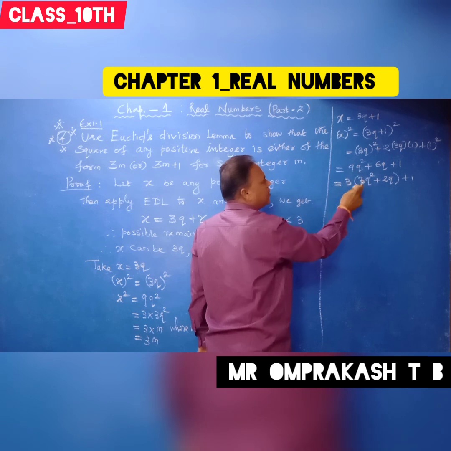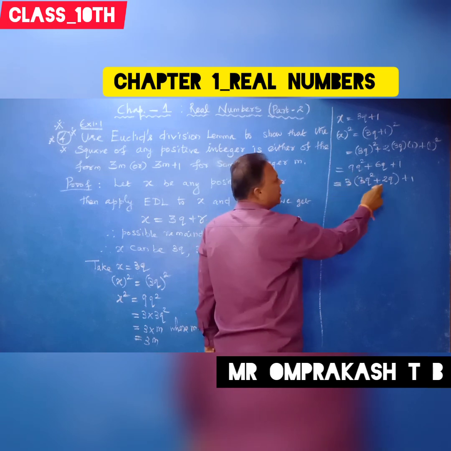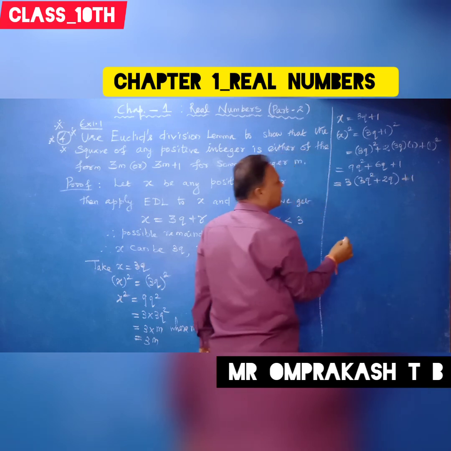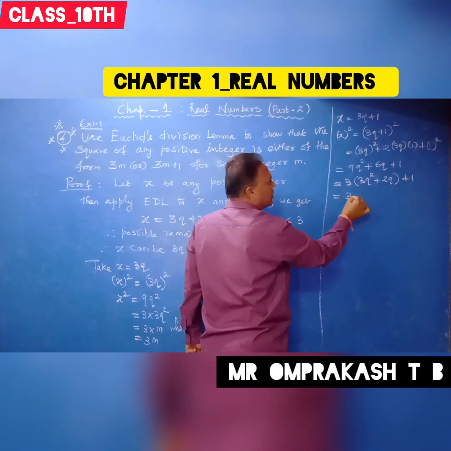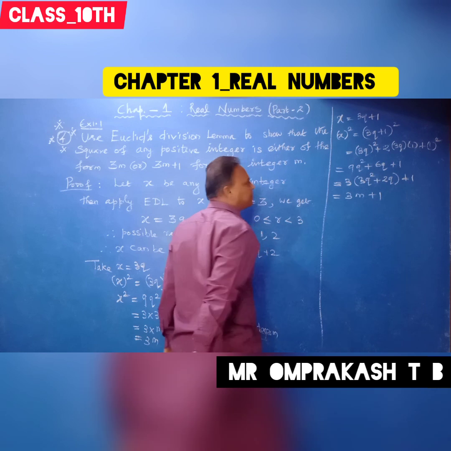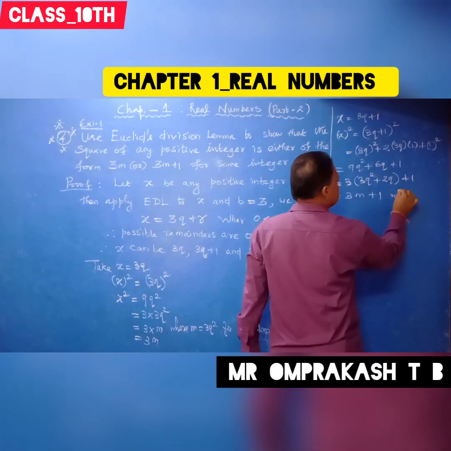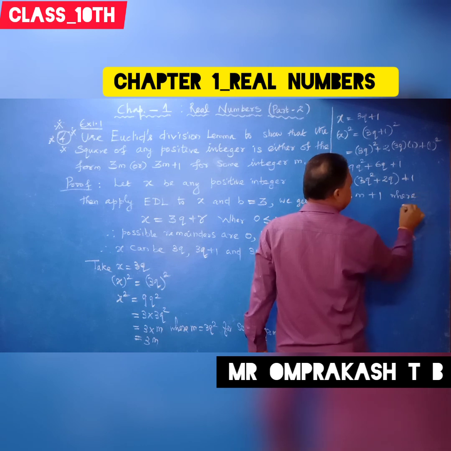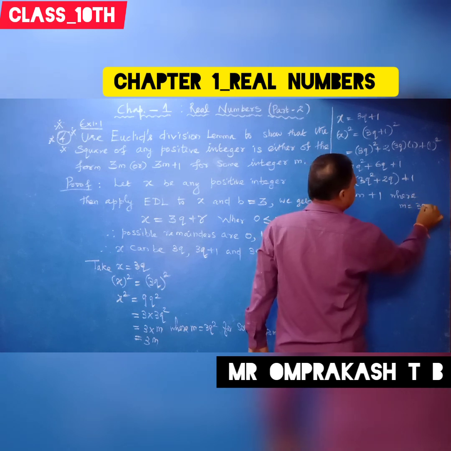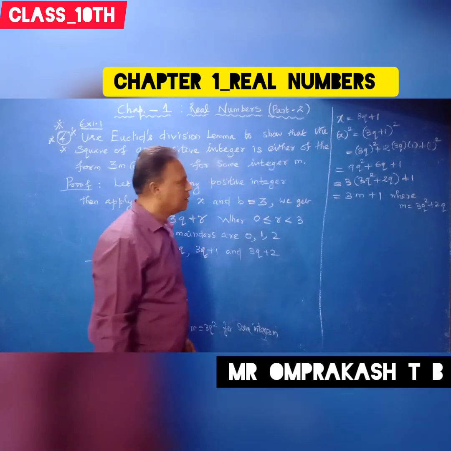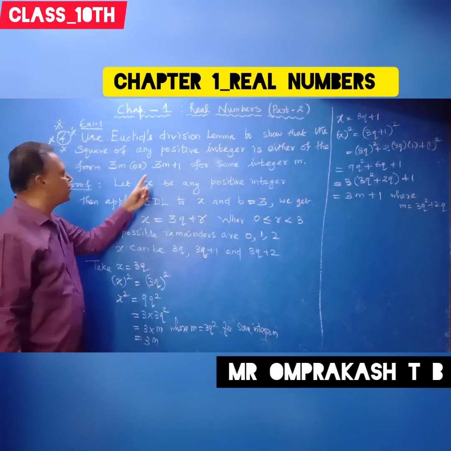Check once again: 3 into 3 is 9q squared, 3 into 2 is 6q, plus 1. Clear? Now you are getting the form 3m plus 1, where m is 3q squared plus 2q. That's all. So you got the form 3m plus 1.